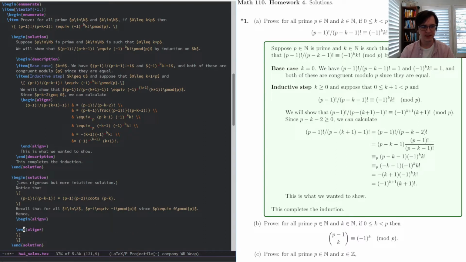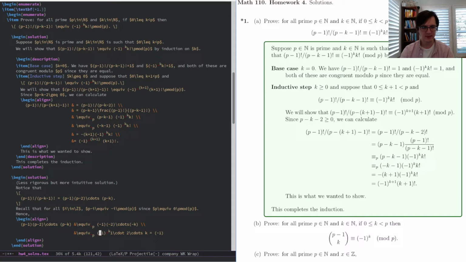Which then we can take this and turn it into an align environment so we can do some multi-line reasoning. And then that is equivalent mod p, or that's just equal to minus 1.